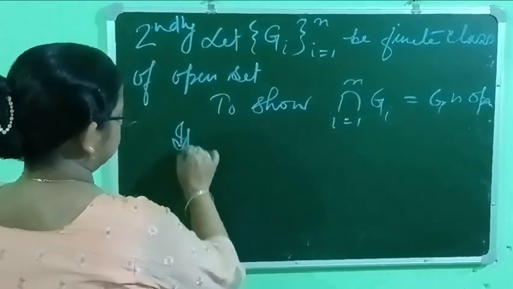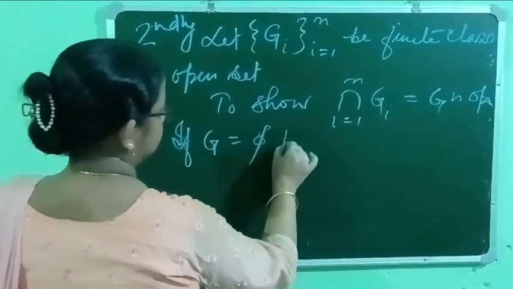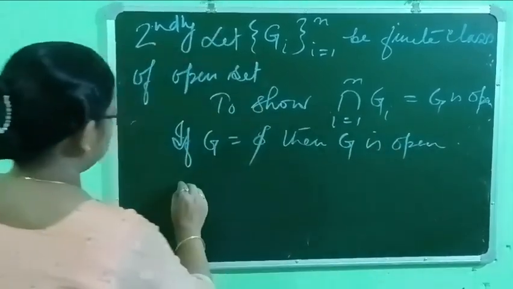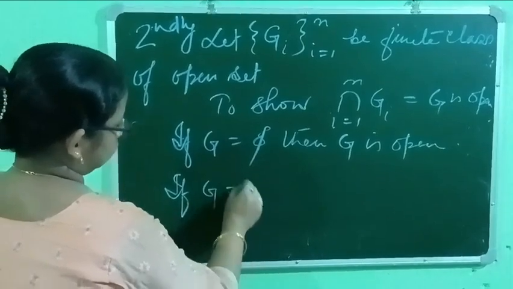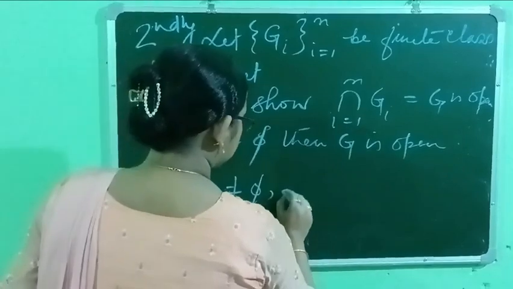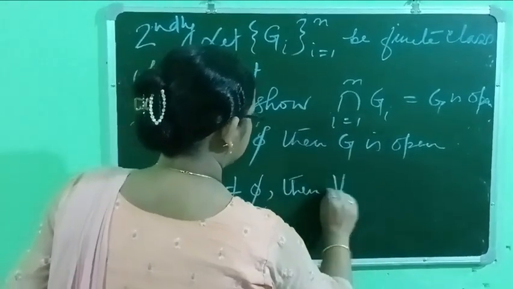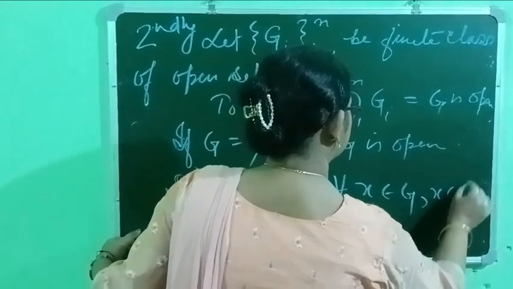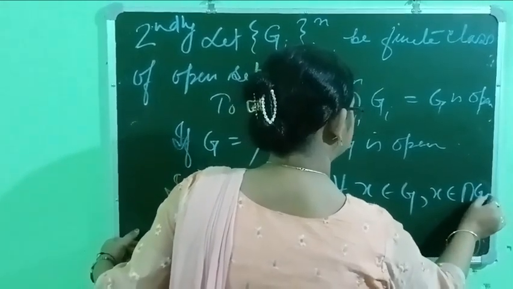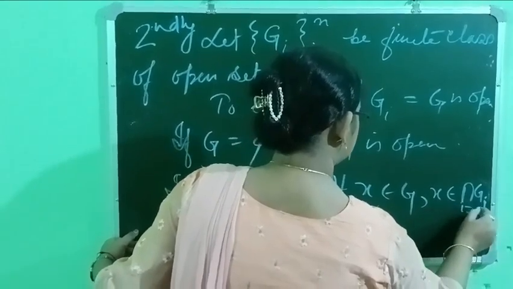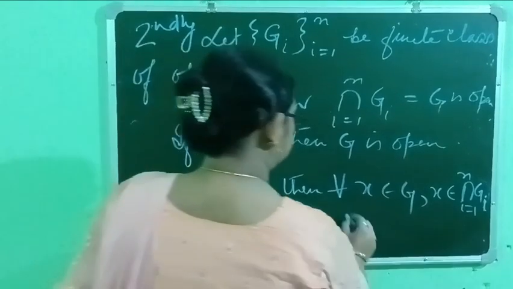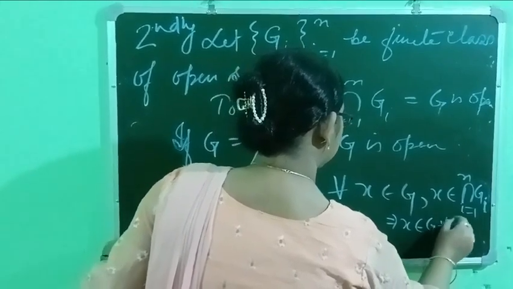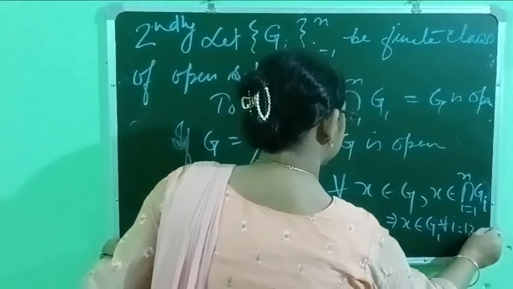If G is empty, then G is open. If G is not empty, then for all x belongs to G, x belongs to the finite intersection of Gi, i ranges from 1 to n. This implies x belongs to Gi for all i ranges from 1, 2, up to n.